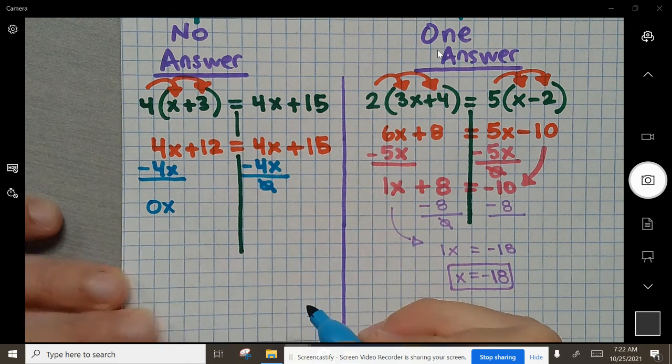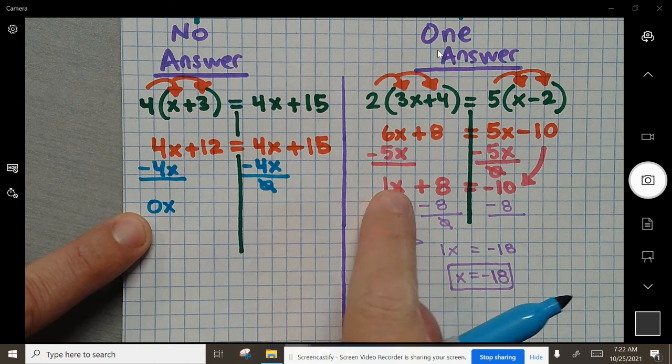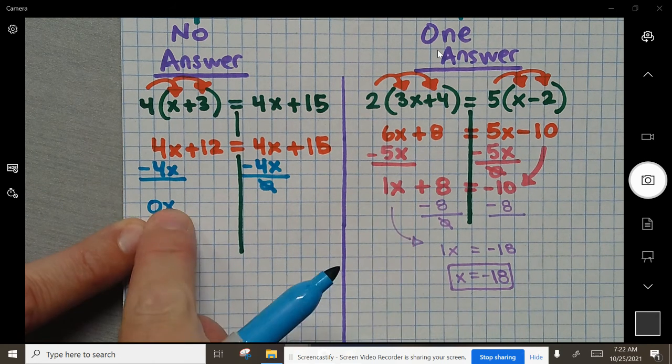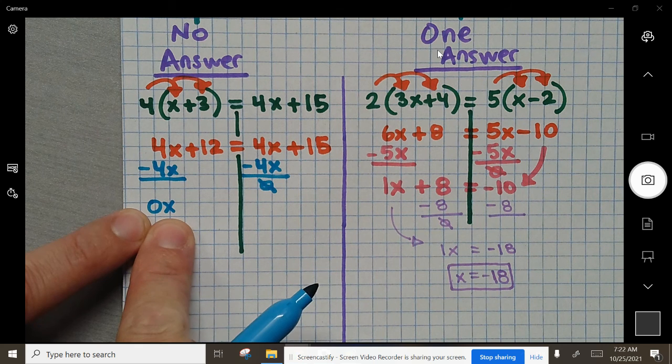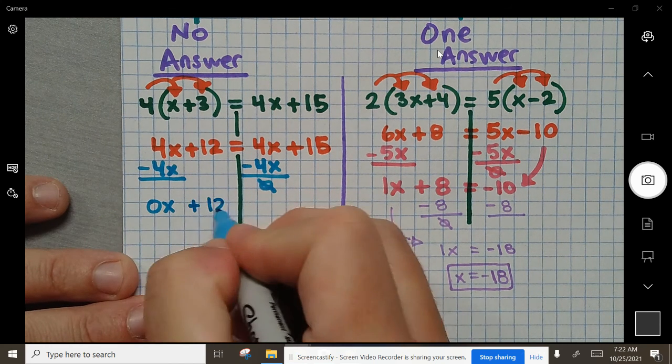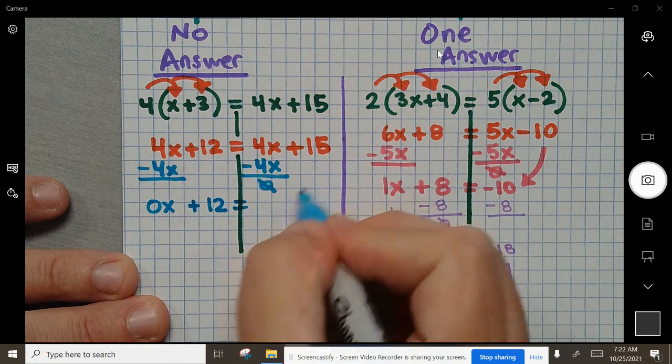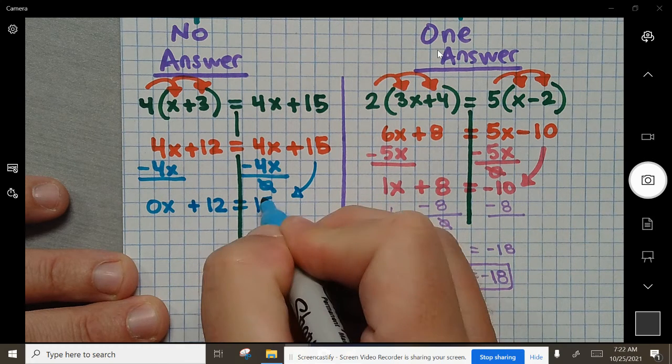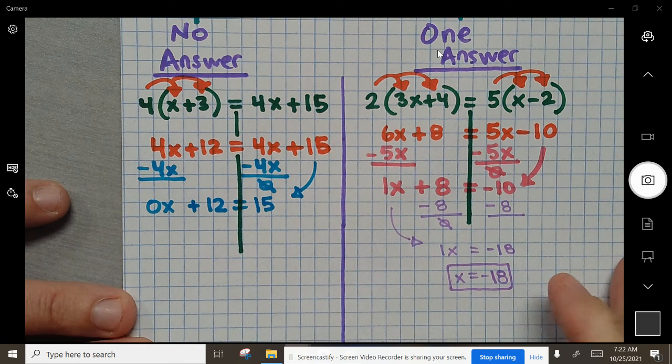Interesting. This is when you know, whenever you get to this, that was fine. The 1x is fine. The 0x is not. Your brain at this point should be triggered that something's wrong, something's different. Not wrong, but something's different, okay? And bring down the 12, bring down the 15. All right? Now, from there, let's keep going.